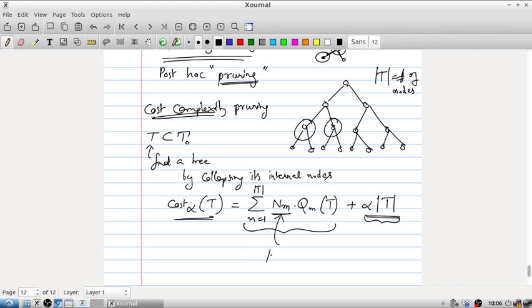So this is just the number of training data points belonging to that region, because every node in the tree corresponds to a region. If you think of the root node, all points belong to the root node. And if you think of a terminal node, some points belong to the terminal node. Let's just count the number of points that belong to that region. Let's call it a generic region m, little m here.